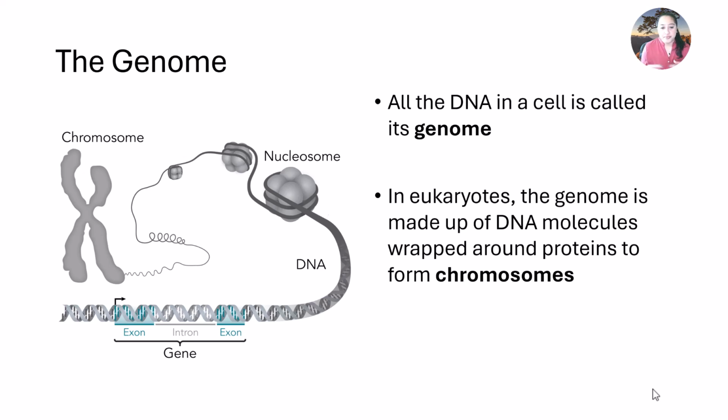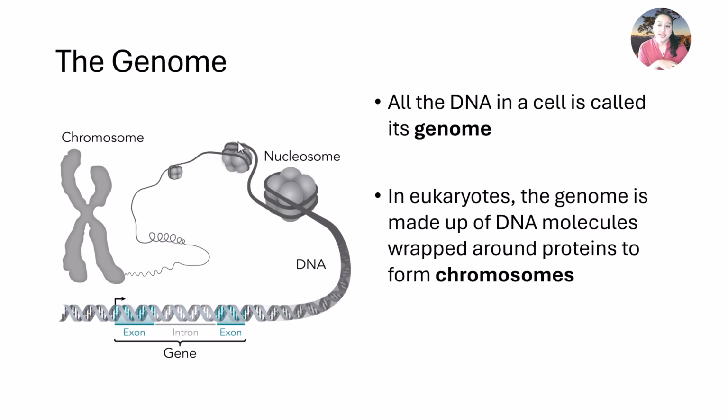When we think of DNA, we think of it as this 2-stranded molecule, right? Seen to the left on the bottom. So we picture the double-stranded DNA helix. If we were to take that and wrap it around proteins, that's what makes the chromosomes that we think of.